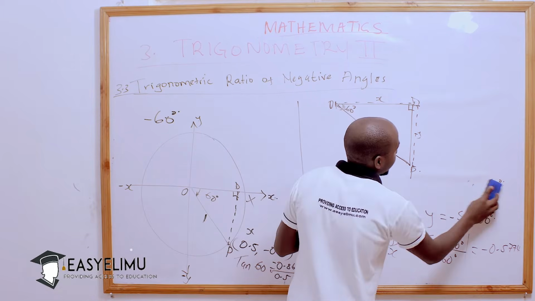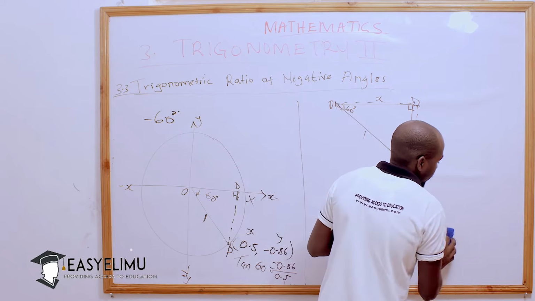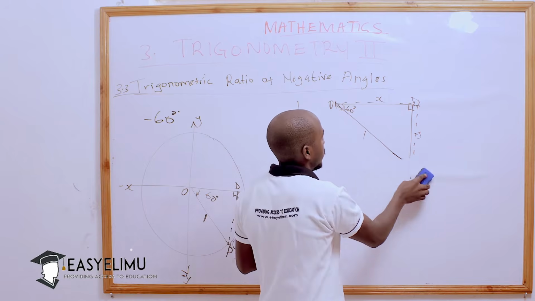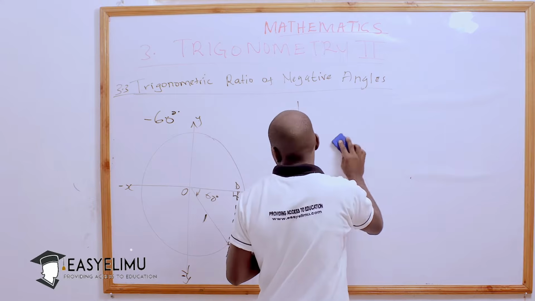if you have a negative angle and it lies in the fourth quadrant, let's just give a summary of all the angles.